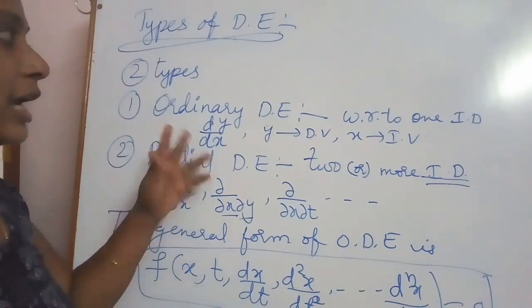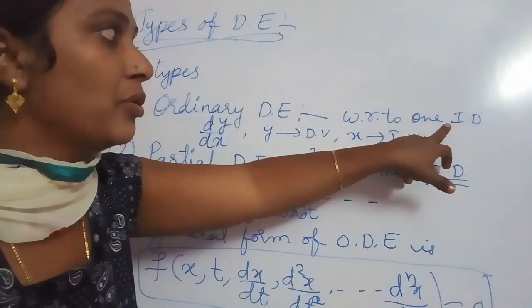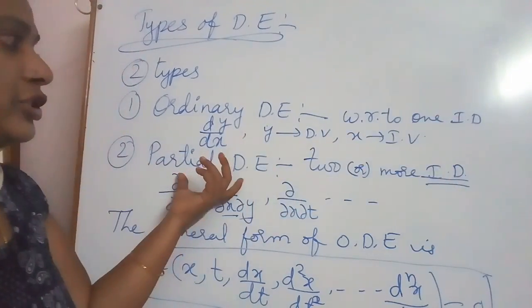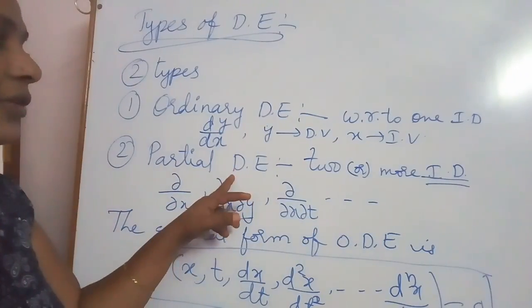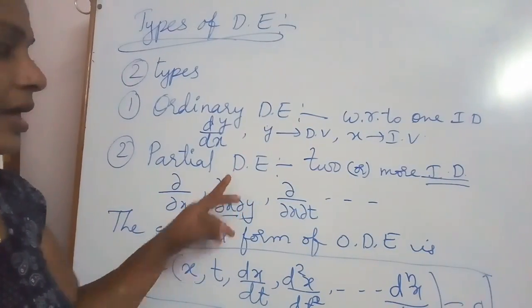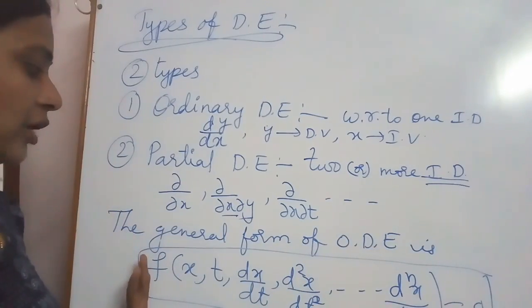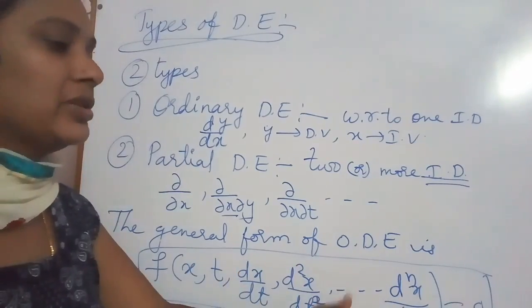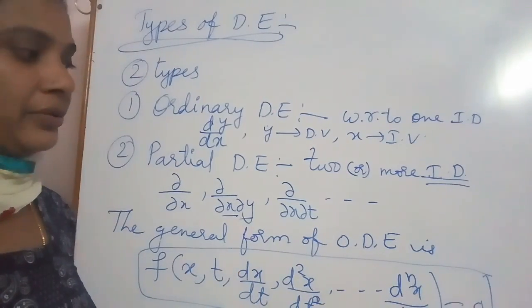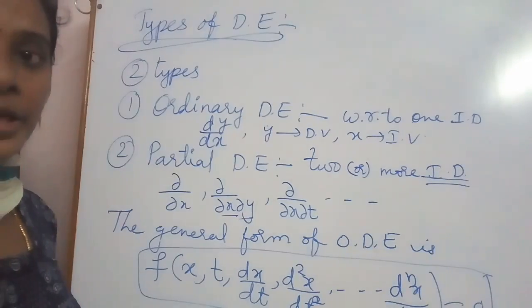Two types are there: ordinary and partial. Ordinary means with respect to only one independent variable. Partial means two or more independent variables are involved in a differential equation.